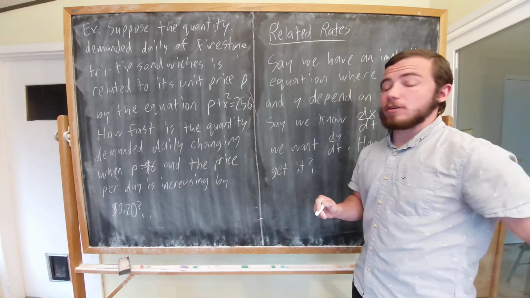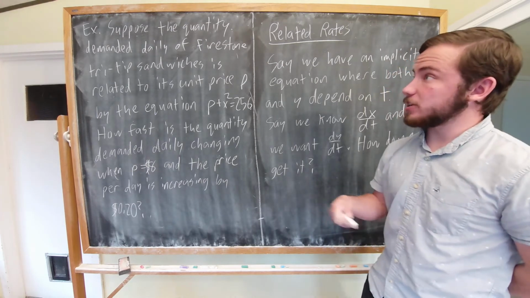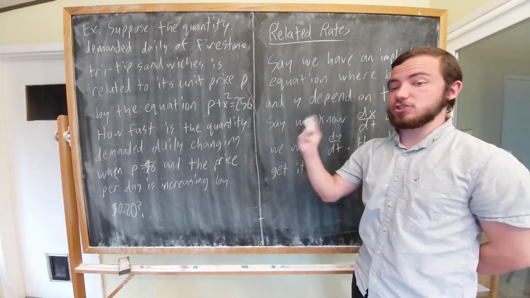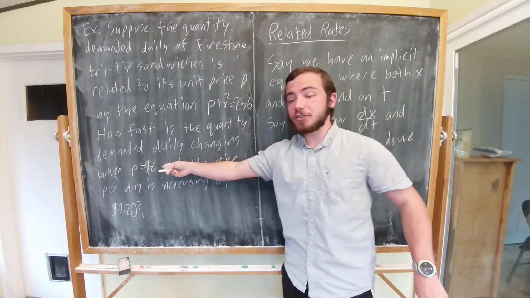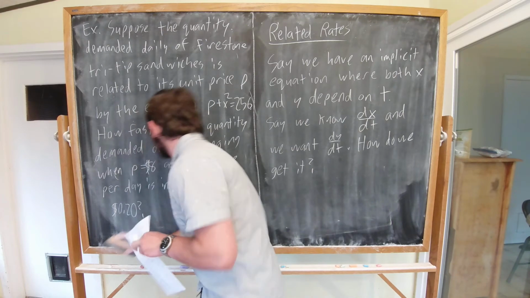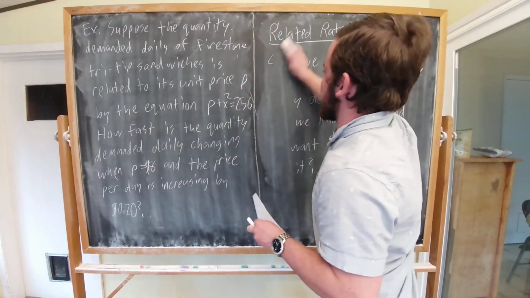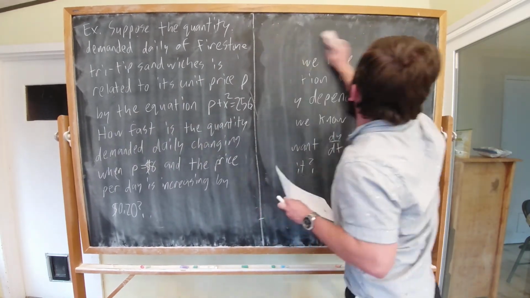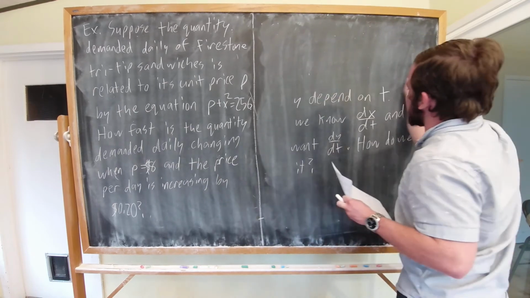So that's a reasonable question to ask, right? How much is the demand for my product changing when the price is at a certain amount and going up by this amount? If such a situation were to occur, what would my quantity demanded do?